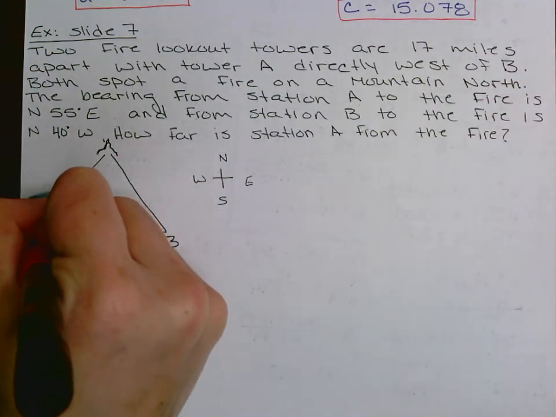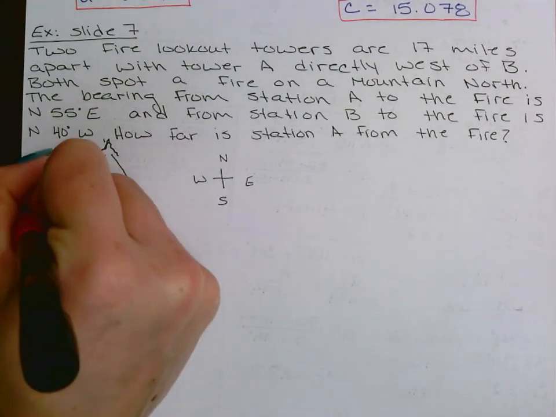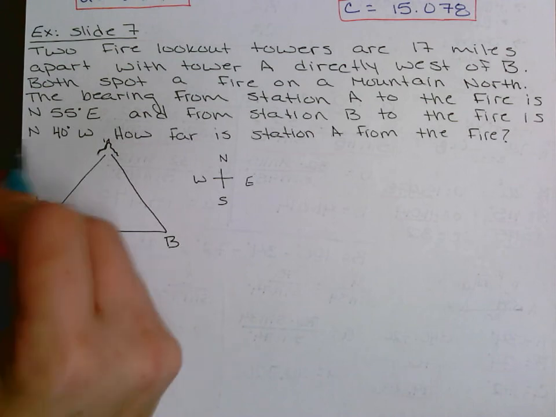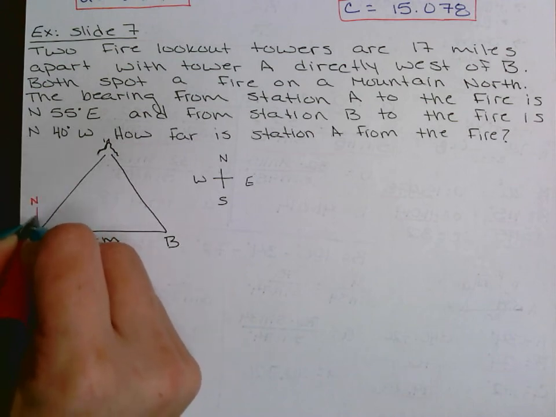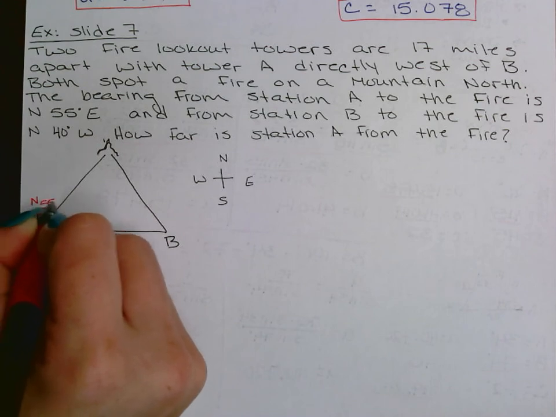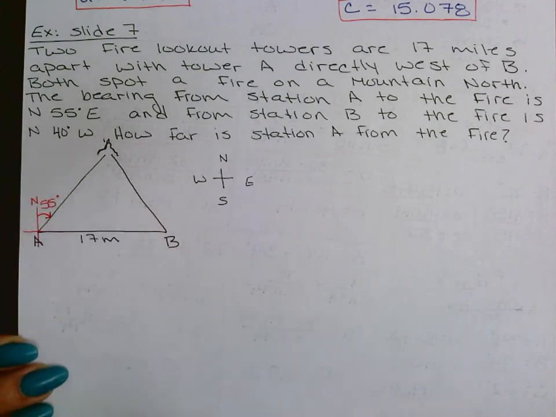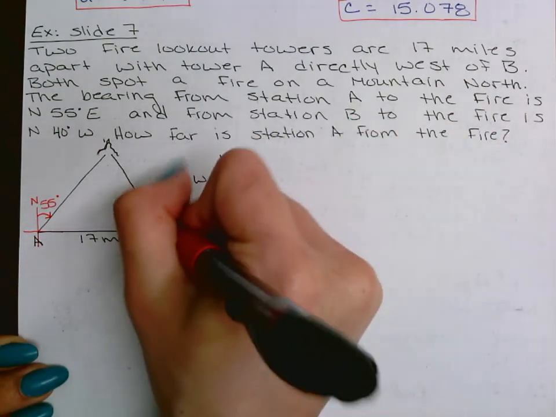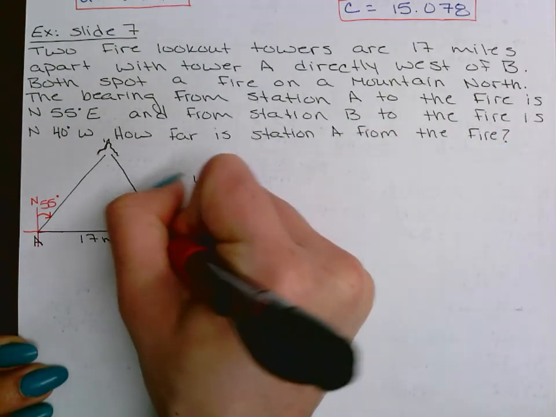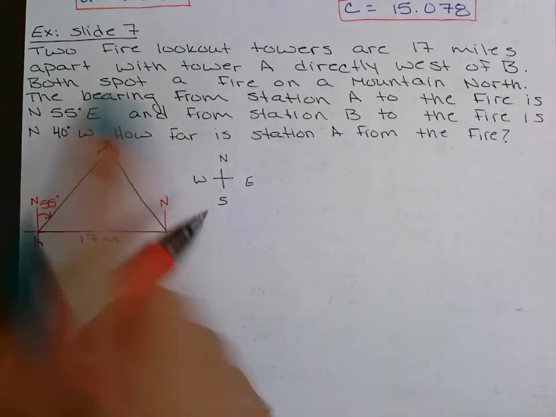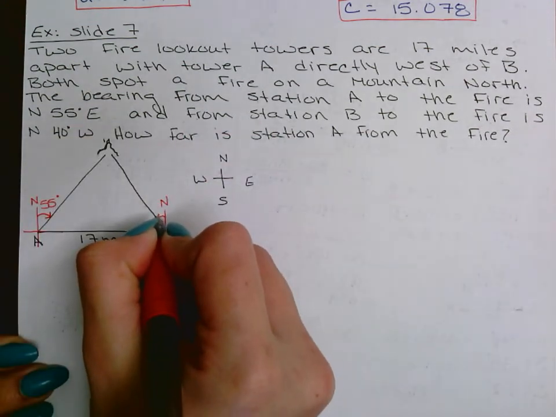So at A, I'm going to draw a little bearing. We have north here. Remember that bearings always go from the first letter, so from north towards east, and this is 55 degrees. Okay? And then it says that from station B to the fire, so now I'm going to draw another bearing here. It is north, and I'm going to travel 40 degrees towards west, meaning towards my left.